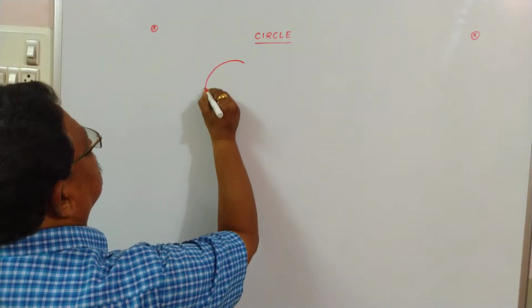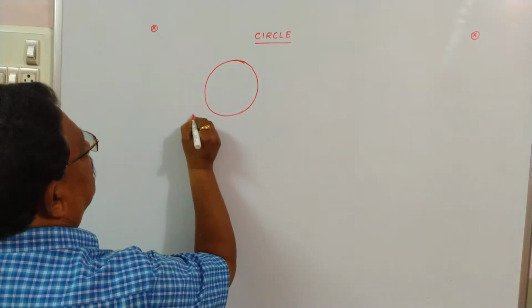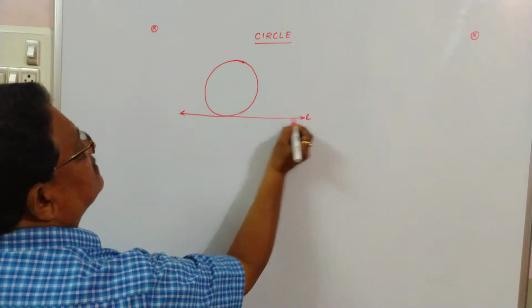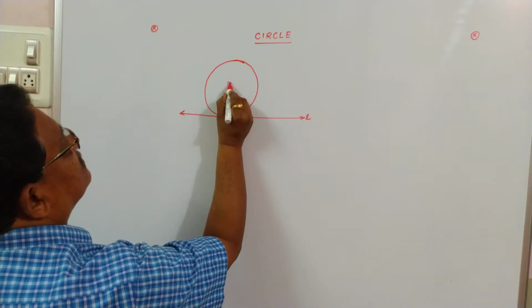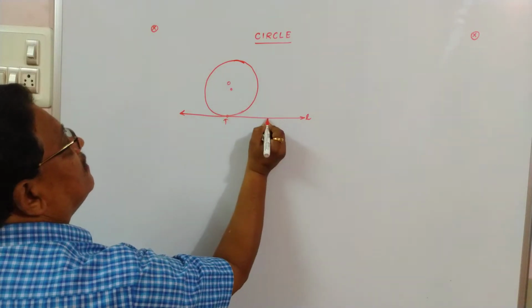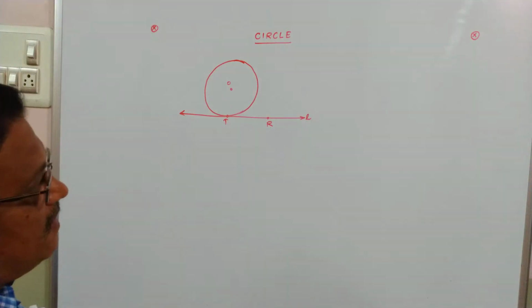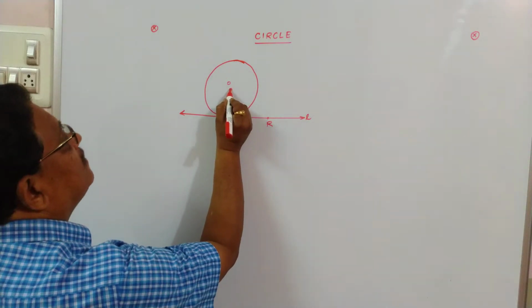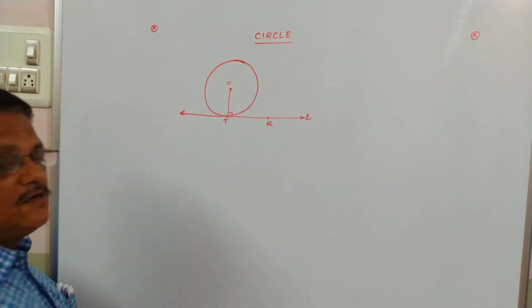If a line is tangent to the circle, line L is tangent to the circle at point T, O is the center of the circle, then let us consider a point R which is outside the circle.